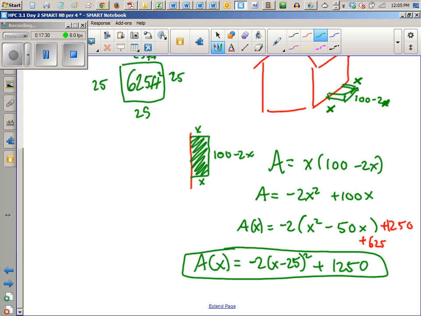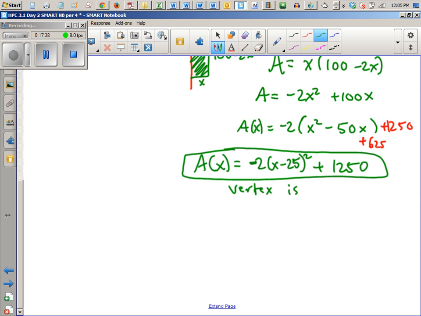What does it mean? Well, it means the vertex is where? Where's the vertex? Look at the standard form. 25, comma, 1250. 25 is the optimum x for this guy to build his playpen at.